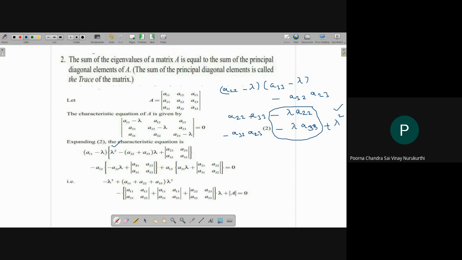A22 into A33 minus A32 into A23. These two elements I put in determinant form. So first I expanded this. Now I'm going to erase it because I need the space for the next calculation.